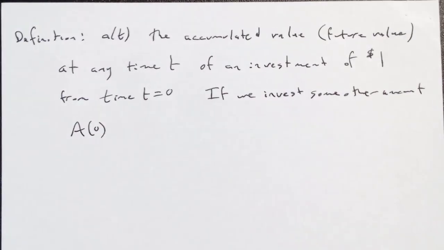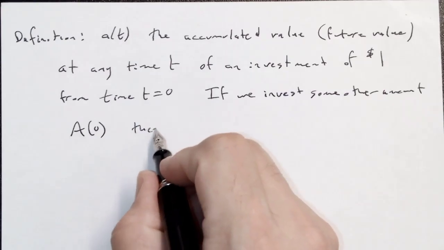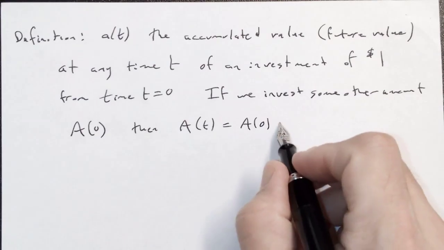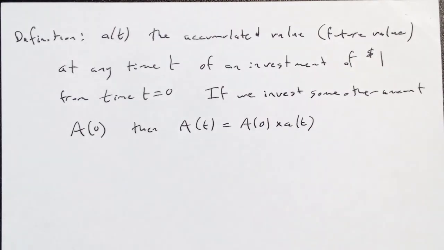The amount of money we have at time zero, say capital A of 0, then the amount of money we have at time t will be A of 0 times little a of t.